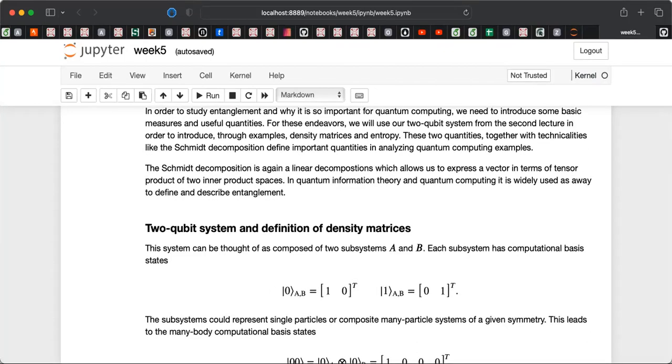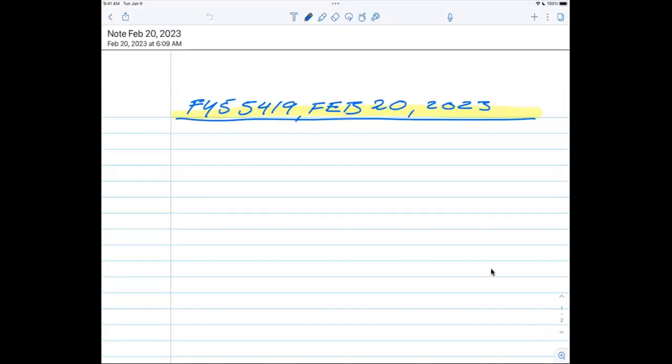Okay, so I'm going to switch back to the whiteboard, and let me just bring that up. So we need to look at some practicalities about entanglement before we go over to this topic of entropies, which is a topic which will allow us to make statements about whether a state is entangled or not.